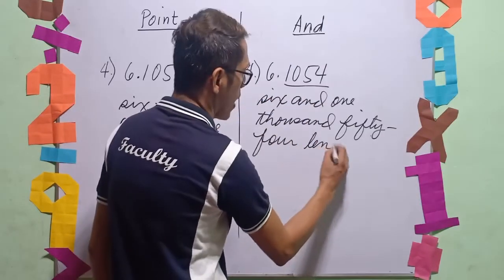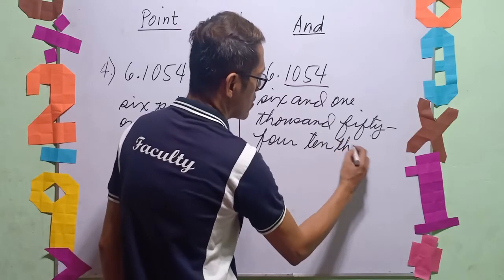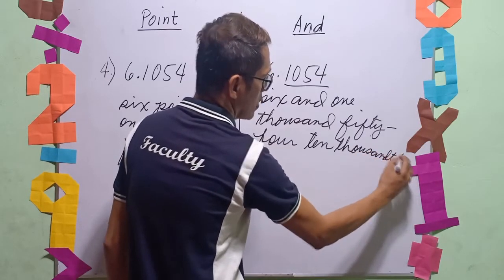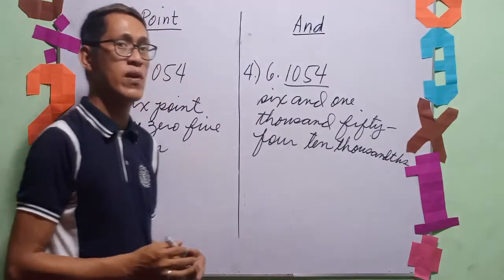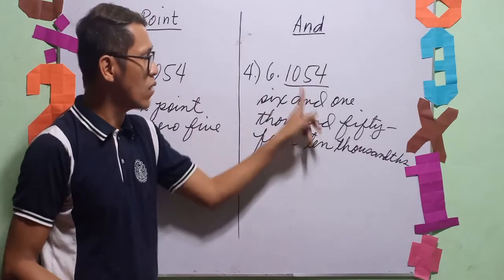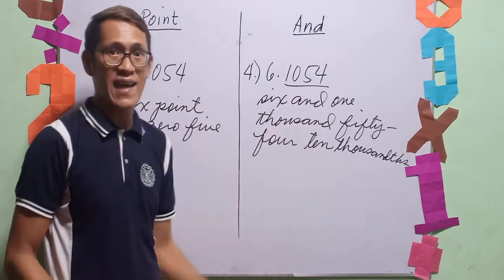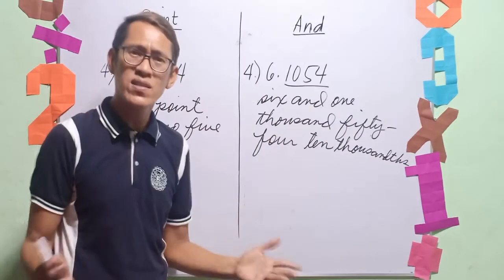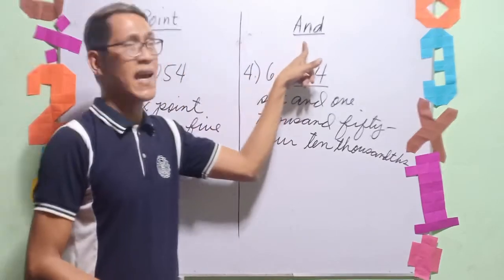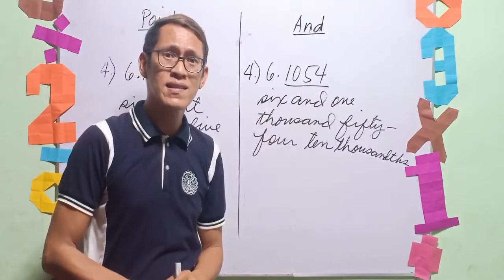So you write ten thousandths with "ths." Again, we read this as 6 and 1,054 ten thousandths. Can you see the difference of using point and "and" for a decimal point?